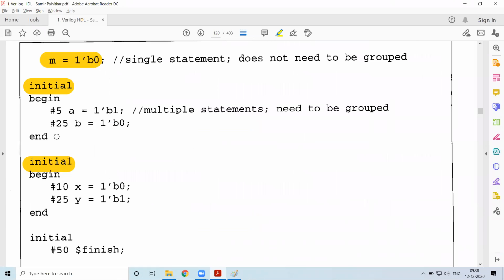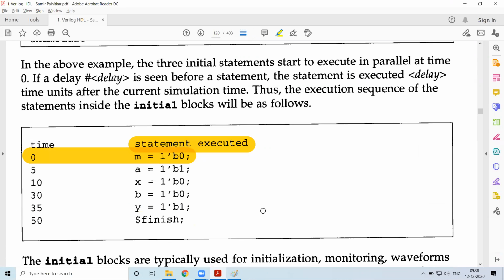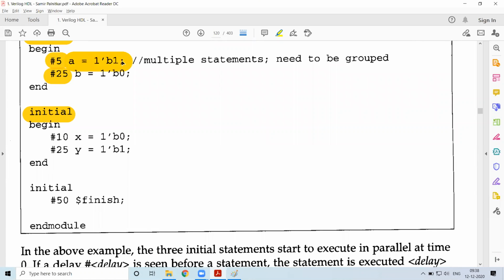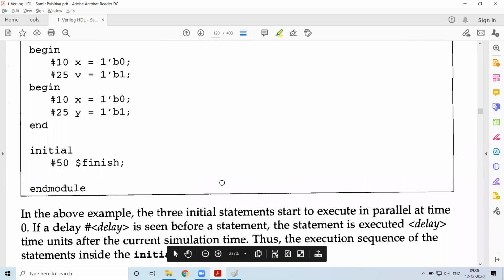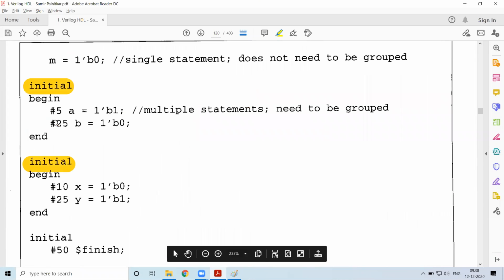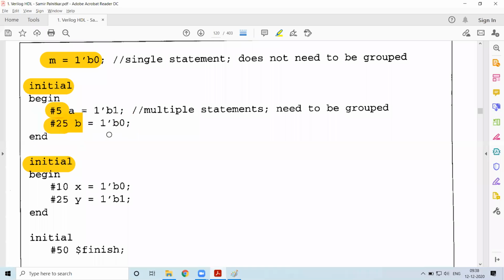Now in the next initial block, you can see it is 5 and 25. At 5 time units, the first statement is executed, that is, a is equal to this value. Since the next statement follows this one, it executes after 5 plus 25.